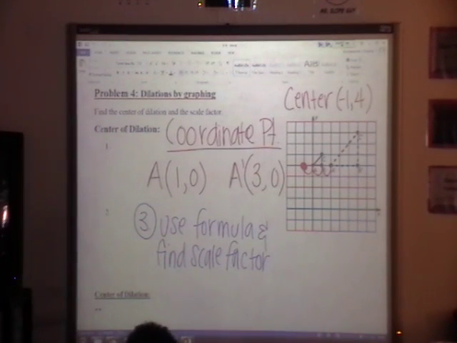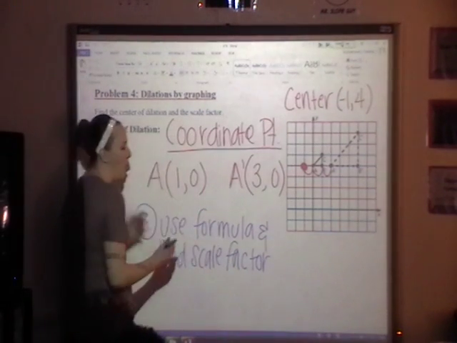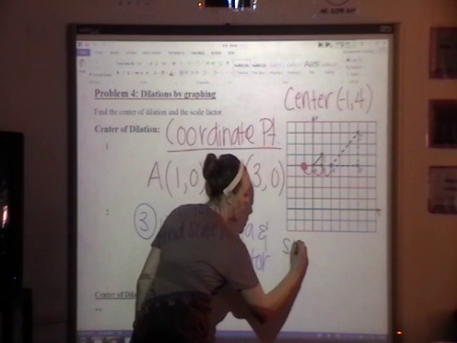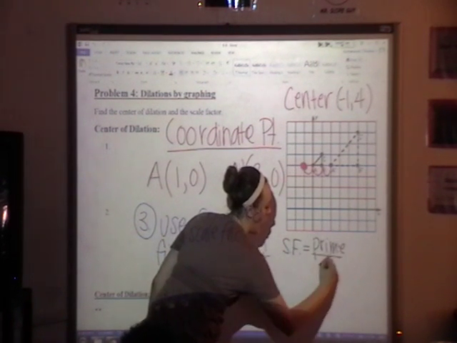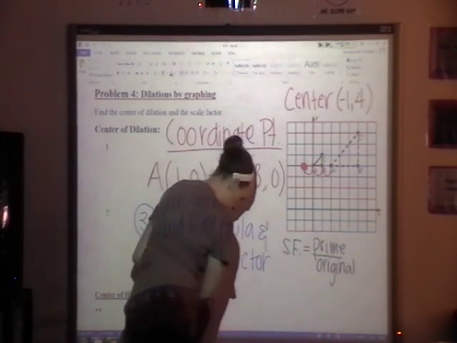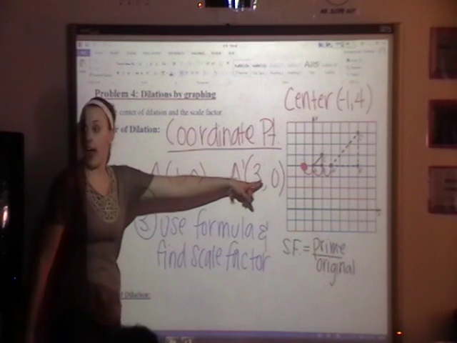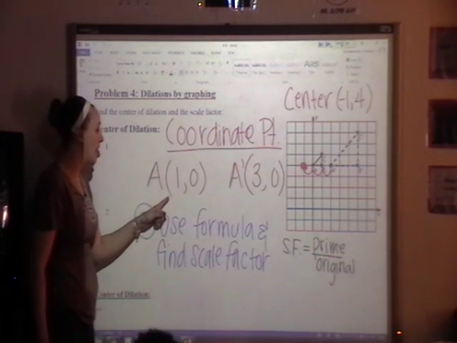So how we're going to use scale factor: the formula for scale factor equals prime over original. We'll look at it. We have prime, we have original. We have A prime, we have A.